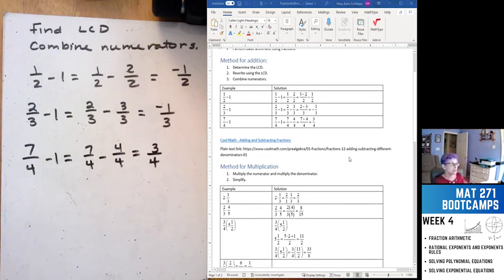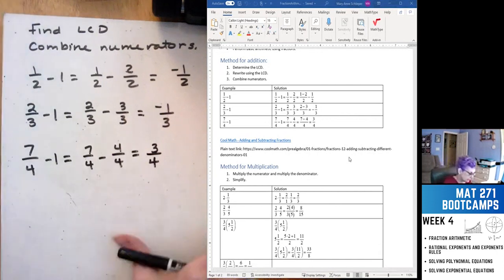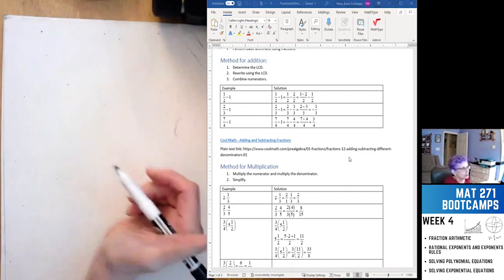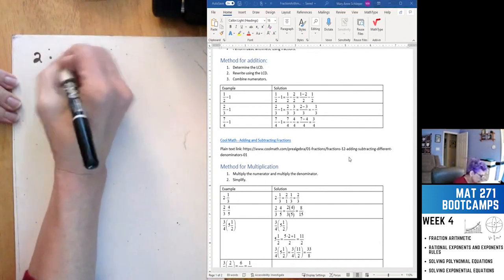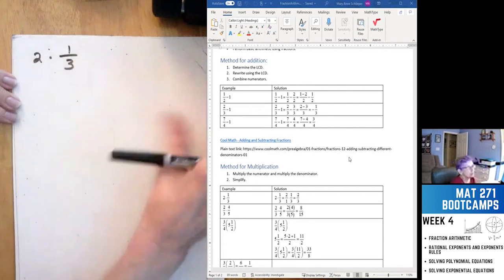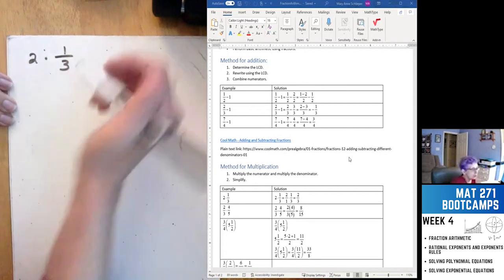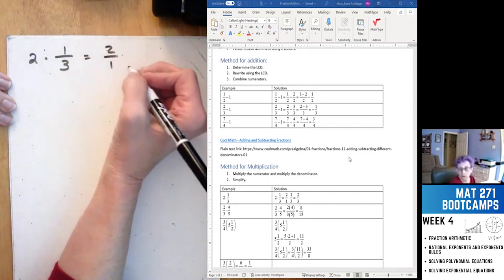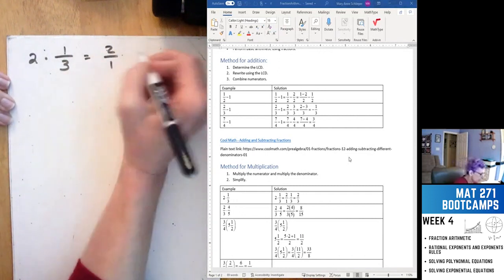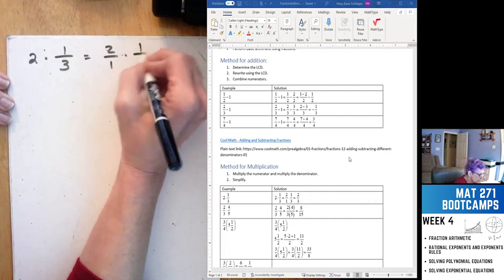Multiplication's even easier. You just multiply the numerator and multiply the denominator and then simplify if you can. So if we have a whole number and a fraction, remember that 2 is the exact same thing as 2 over 1 because every whole number has an invisible denominator of 1.